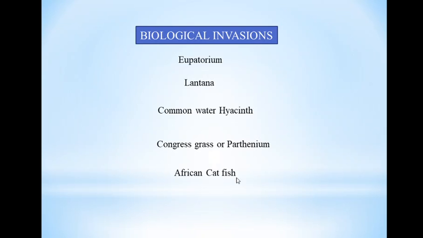In some parts of India, almost all the native species of fish have been eradicated or become extinct due to this African catfish, because they feed on all the remaining fishes. And this is about the biological threats due to the biological invasions of species.